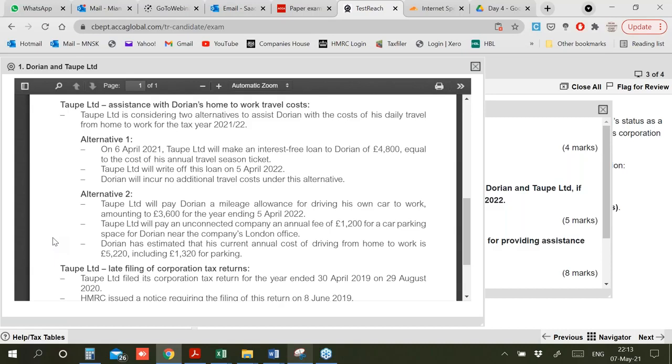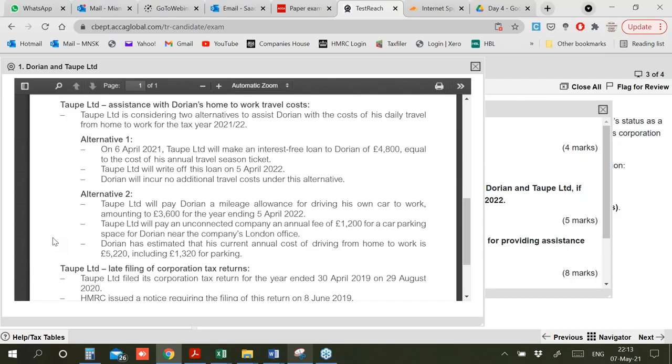So if it pays this amount, it will not add any cost to Dorian's tax liability. This is an exempt benefit. Dorian has estimated that his current annual cost of driving from home to work is 5220, which includes 1320 as parking.